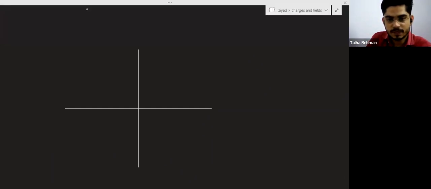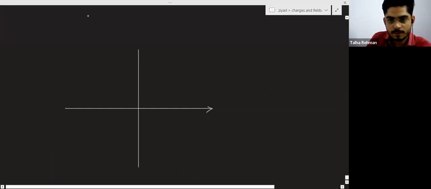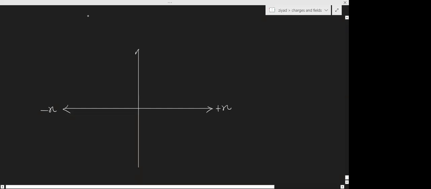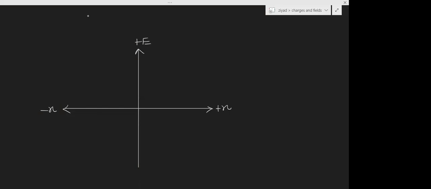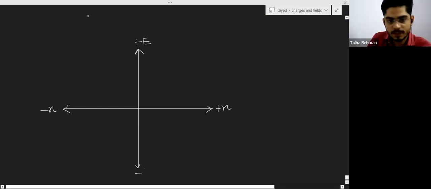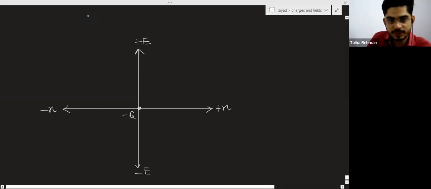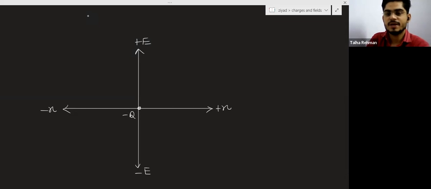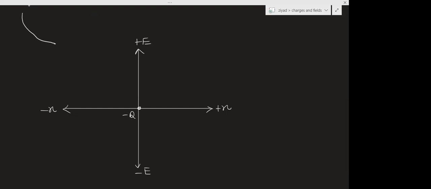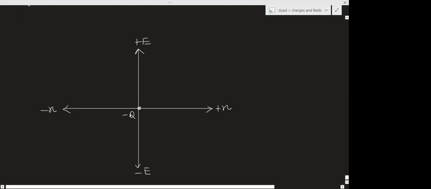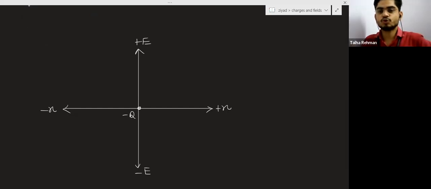So they are saying plus x, minus x, plus E, minus E, and a negative charge is placed here, and we have to draw the graph. And we already know the shape of the graph is like this, means the rectangular hyperbola graph. But we have to choose the coordinate, in which quadrant we have to draw the graph.